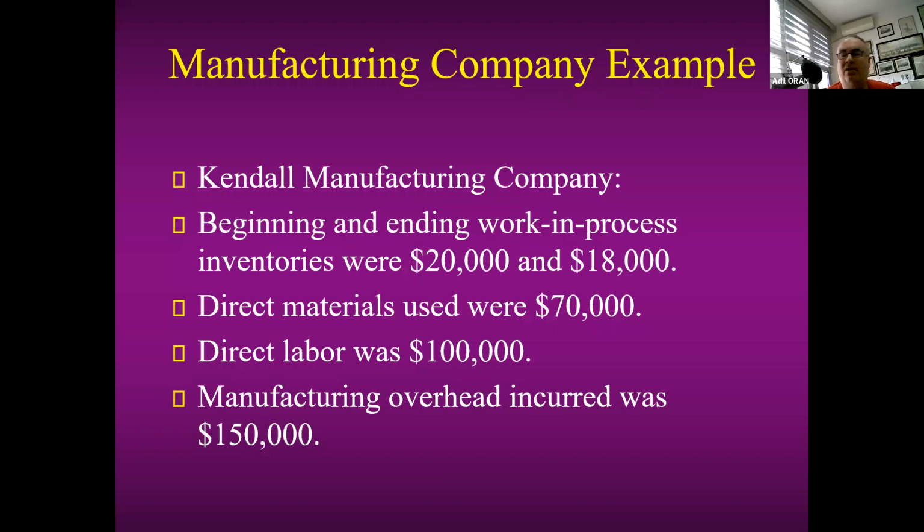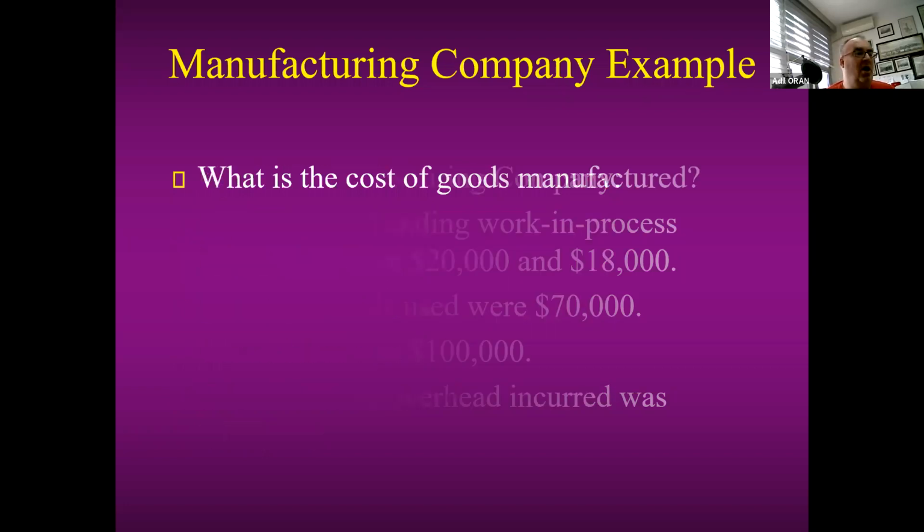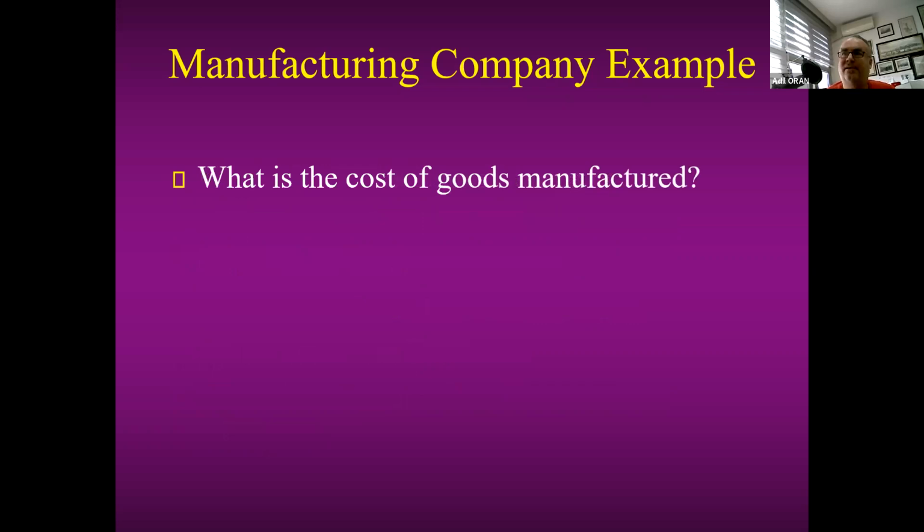So if we want to try to calculate the cost of goods manufactured, how can we do this? So this basically is how much have we added into our finished goods inventory for the period. So to do that, we need to see what's happened in work in process and how much has moved out of work in process.